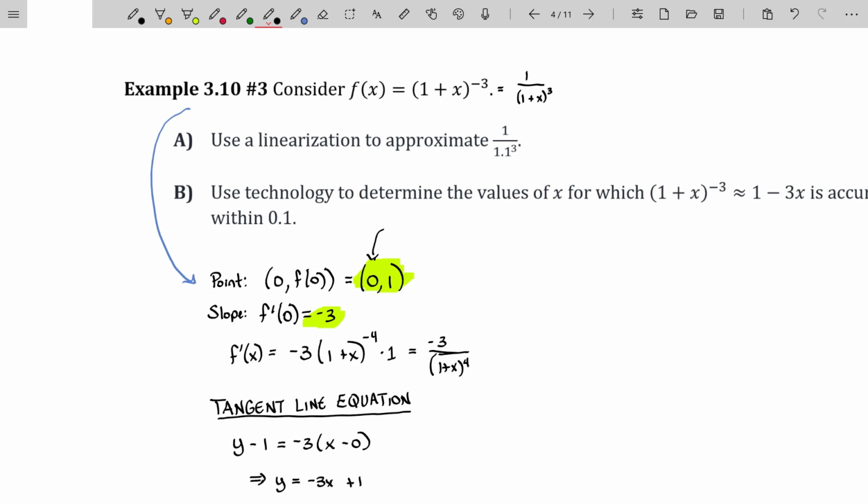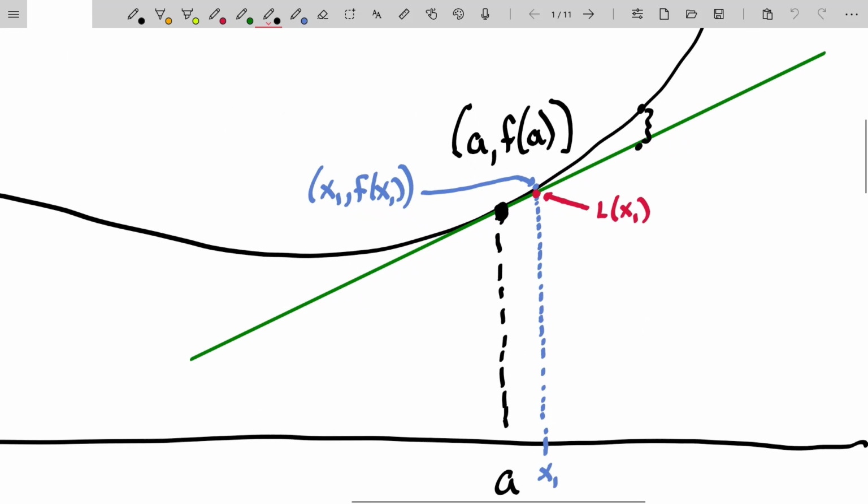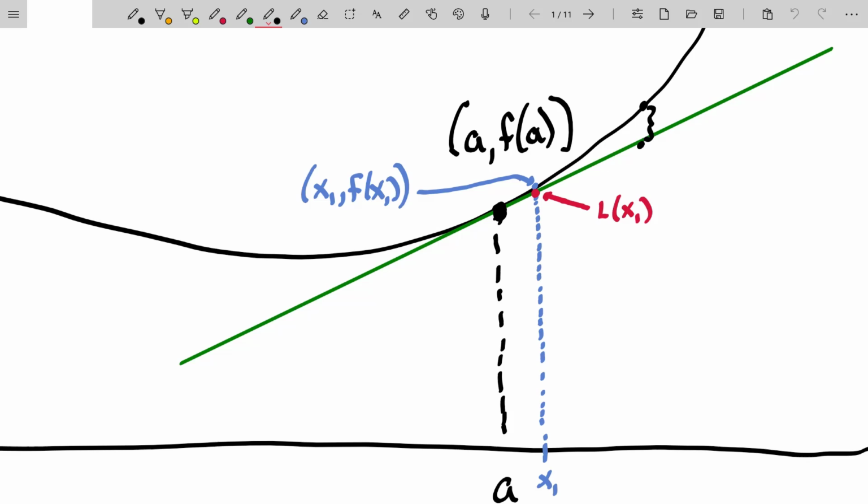If you get too far away from 0, just like we showed earlier, if you get too far away from the place where you built your tangent line, the distance between your tangent line and the true value of your function is going to widen. It's going to get worse. Not always, but generally speaking, it will. So because we centered our tangent line at 0, you can only approximate near 0.